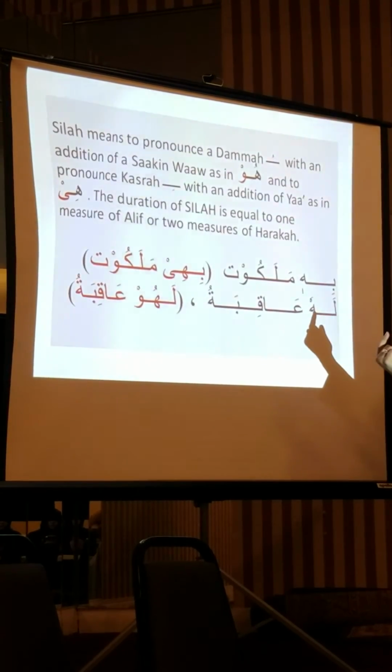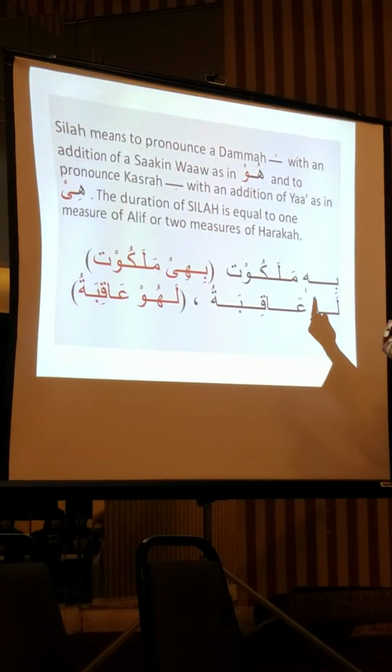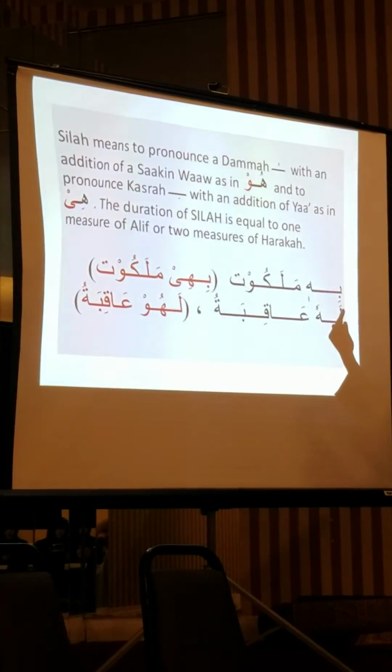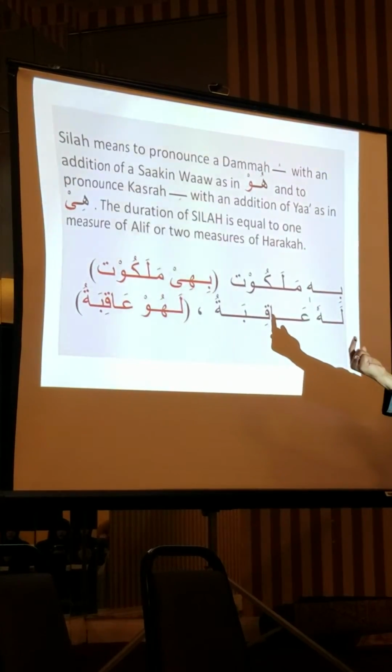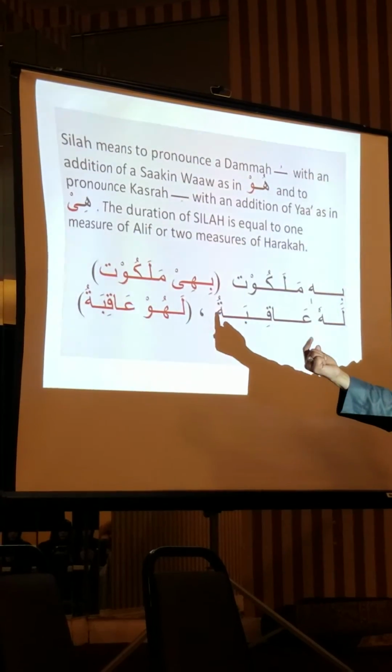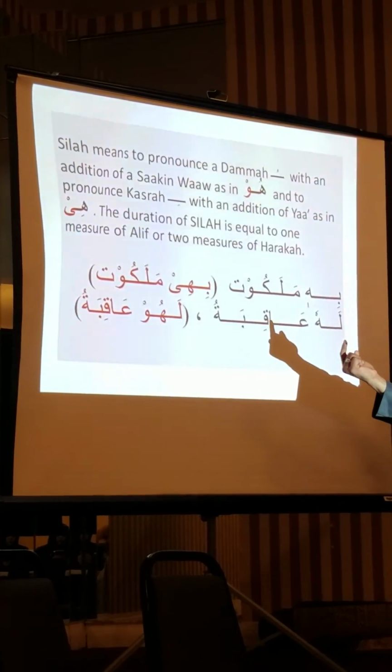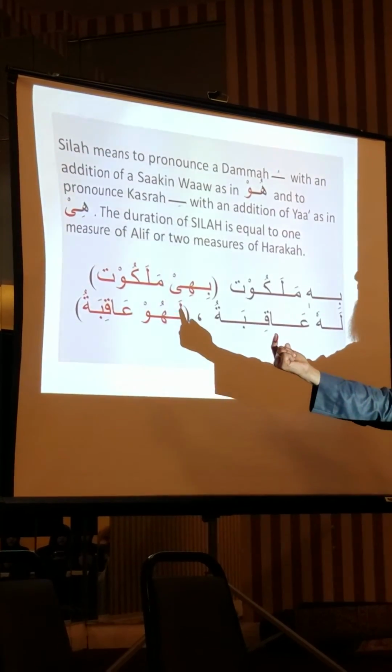And over here, lahu. Over here, it's an upside down dhamma to emphasize that there is a waw sakin here. This should be lahu aqibatu. Why?